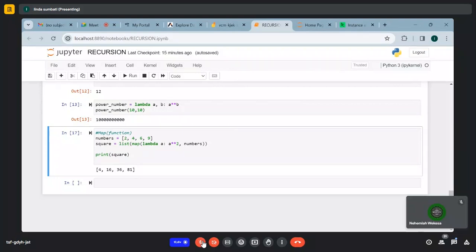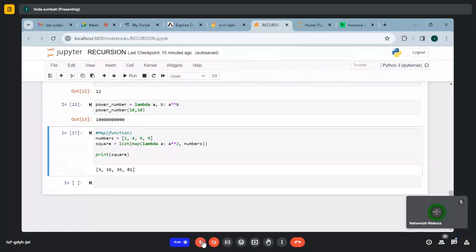Because it mapped the lambda on the numbers, which are the elements. Then after that, you have to introduce a list so that you see what the lambda function was doing. But the main function of the map is to apply the lambda function to each and every element of the list. Yeah.